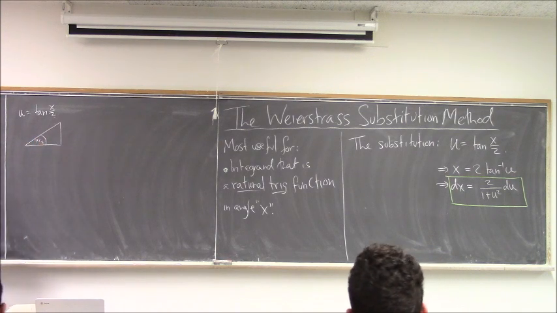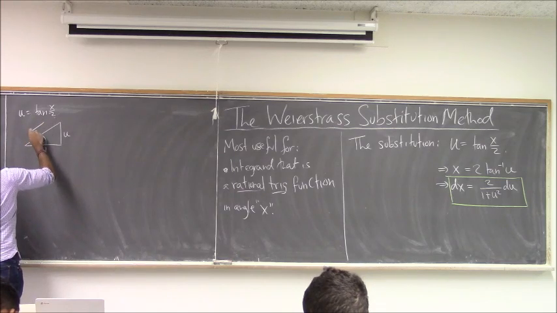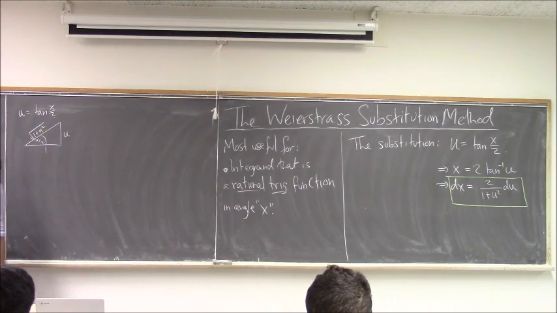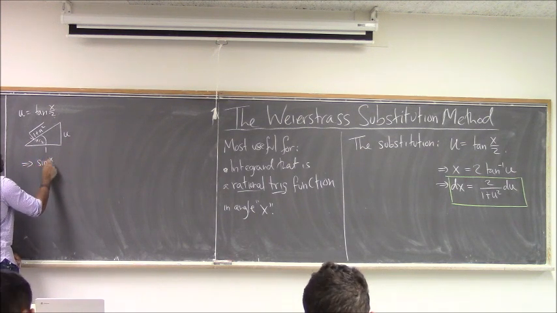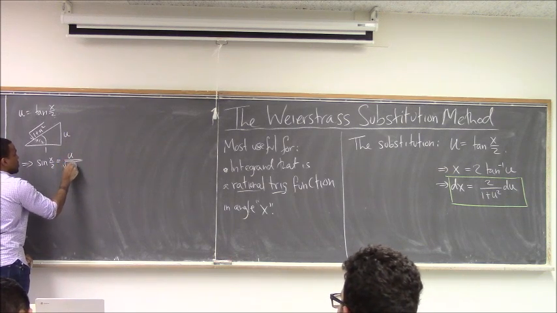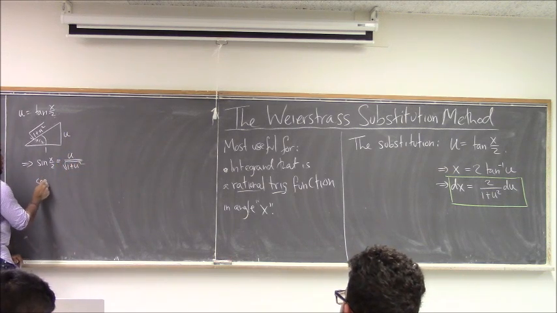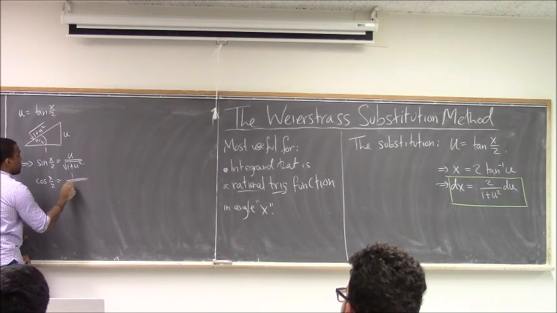And my tangent is going to be opposite over adjacent, which means this is going to be the square root of 1 plus u squared. And so the sine of x over 2 would be opposite over hypotenuse, and my cosine of x over 2 would be adjacent over hypotenuse.